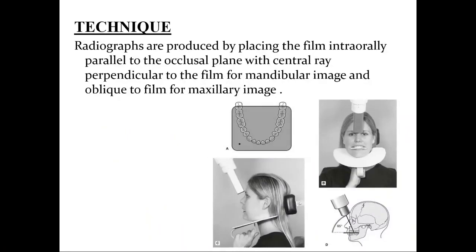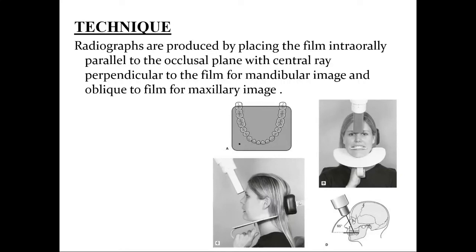In the maxilla you have three techniques, and in the mandible you have three techniques. That has been beautifully described in Freny Karjodkar itself, and also in White and Pharoah under the chapter Intraoral Projections. They have a diagram showing how the projection is done, and you can go through that.